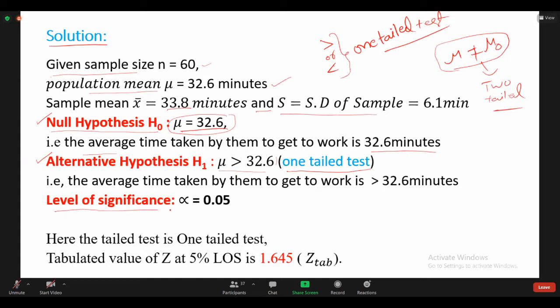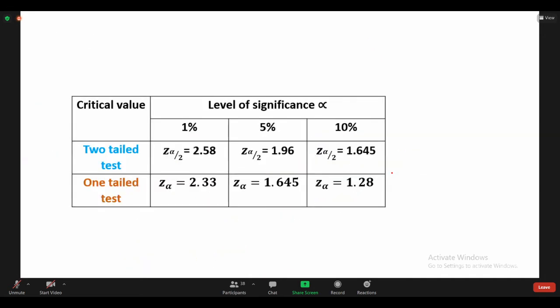After that, the level of significance. In the question, they have given alpha is 5%, that means 0.05. If alpha is not given, generally we have to take alpha as 5% only. After that we have to observe alpha and the tail test. The tail test is one tail test, alpha is 5%. See the table values: 5% one tail test, the corresponding Z value is 1.645.